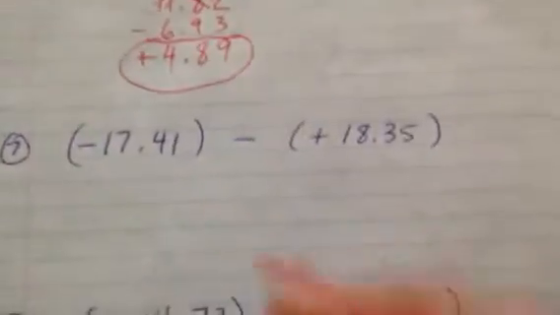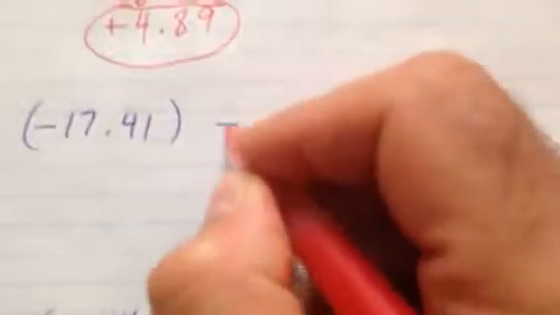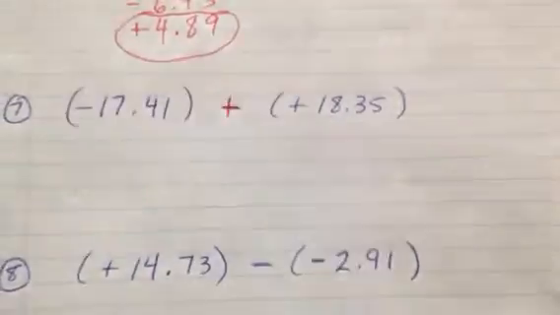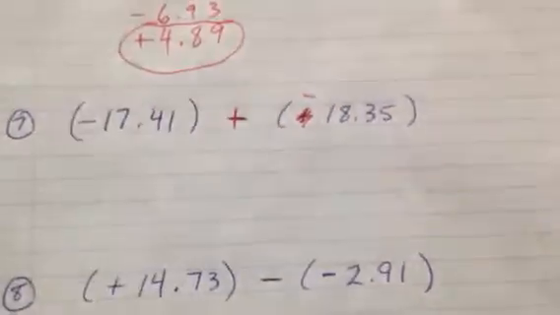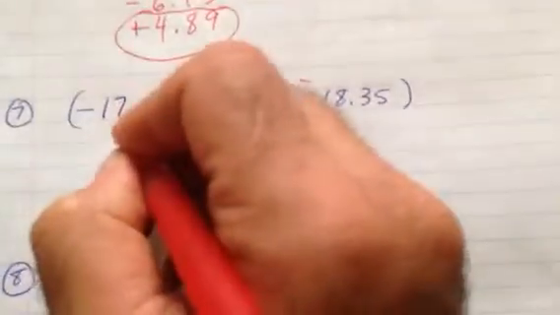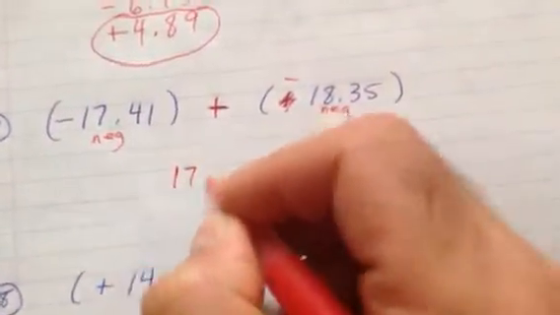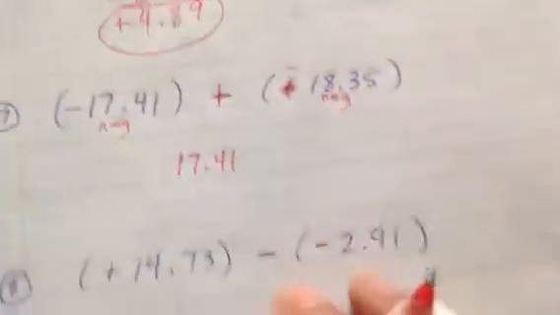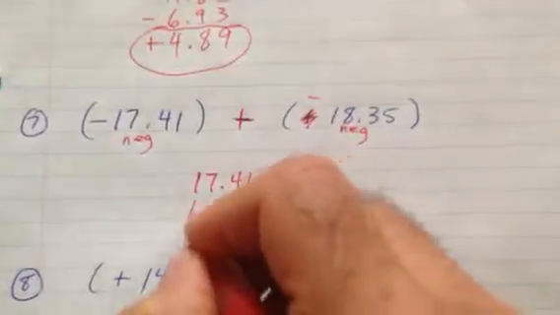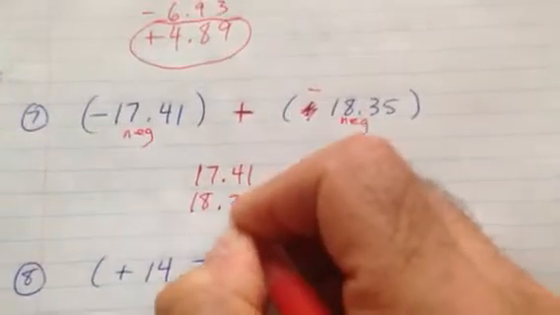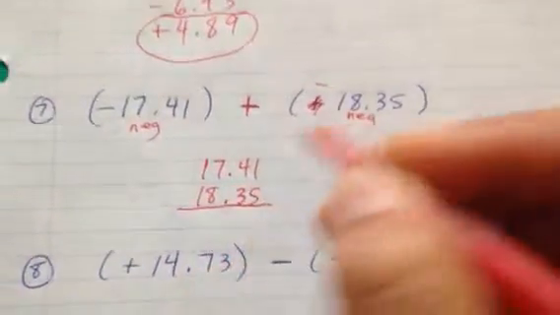All right. Sorry. This one right here, we have to change that to adding and make this the opposite. So look, I have a negative and a negative. Two negative numbers get added together. So it doesn't matter when you're adding which one really goes on top. Usually the one with the most digits goes on top. You like to see the number with the more digits on the top, but in this case they're equal.